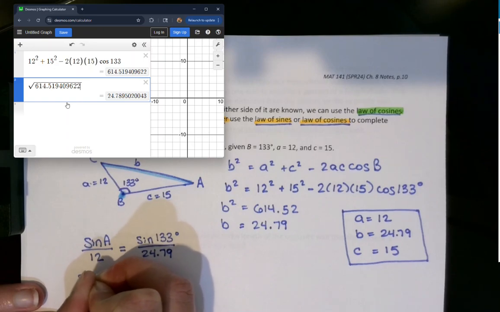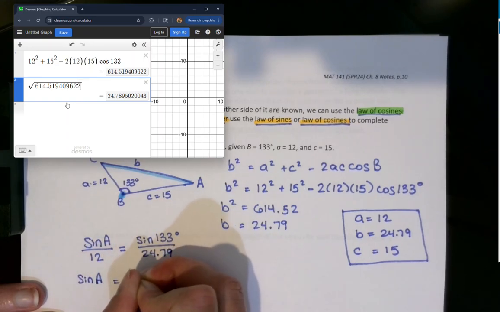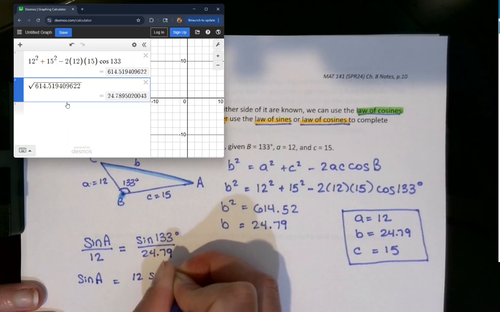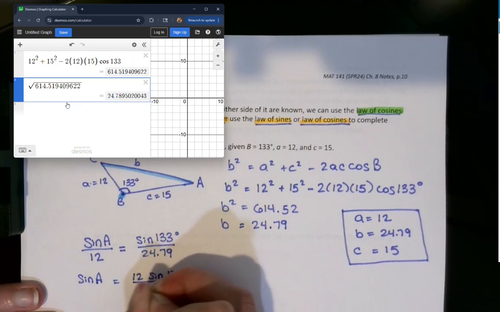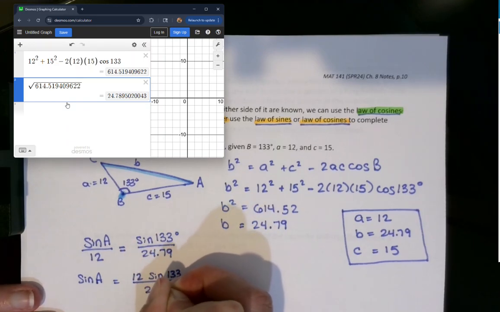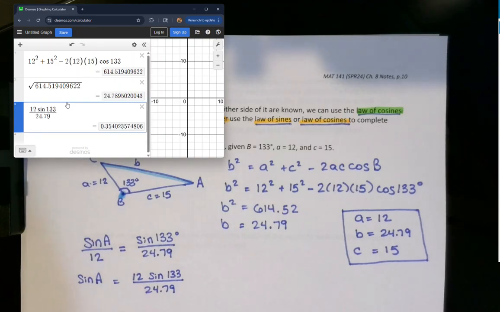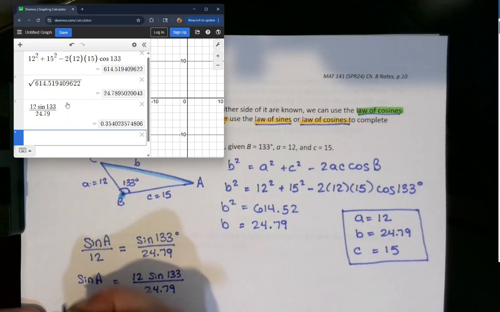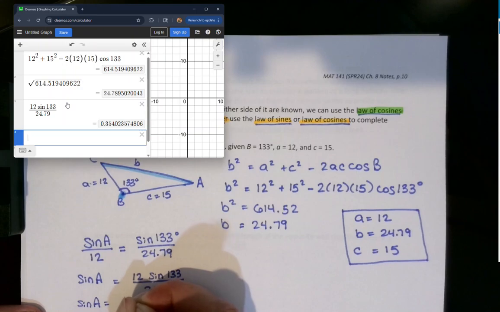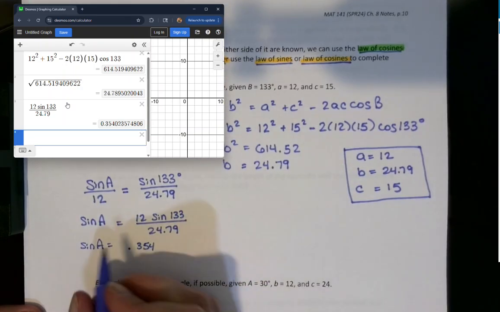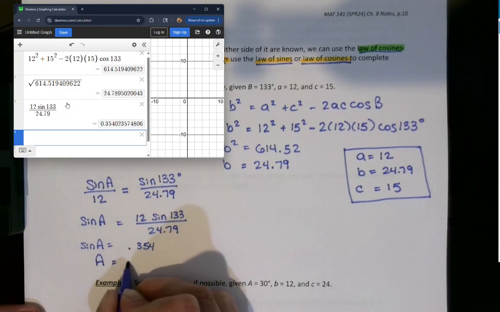So sine of A equals 12 times the sine of 133 over 24.79. 12 times the sine of 133 divided by 24.79 gives us sine of A equals 0.354.